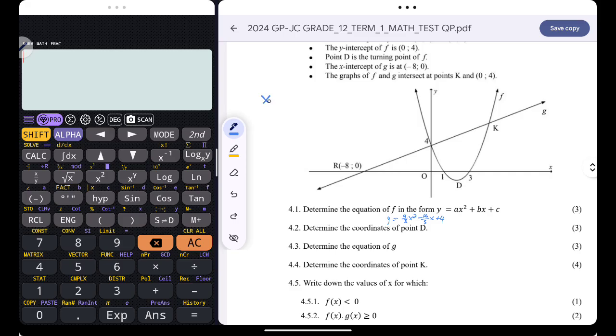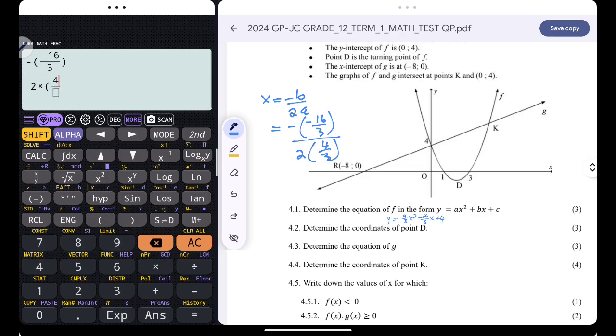I know that the x value of the turning point is simply negative b all over 2a, right? The value of b is negative 16 over 3, and the value of a is 4 over 3. Whenever I substitute here, I'll have negative b is 16 over 3, and then I'll have 2a.